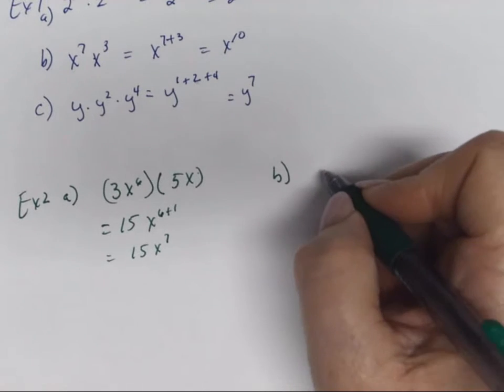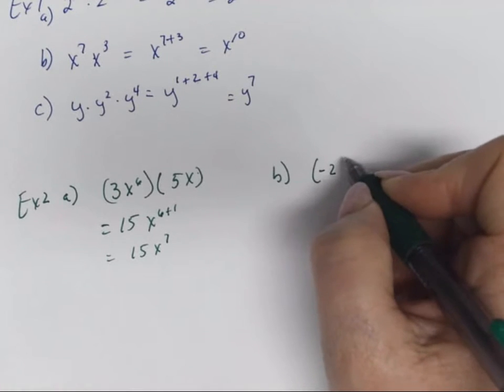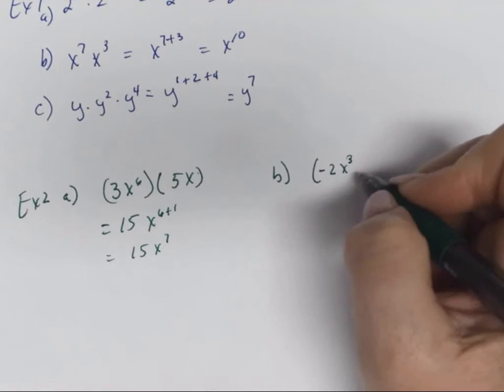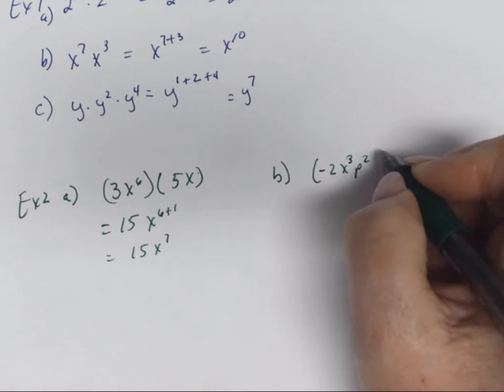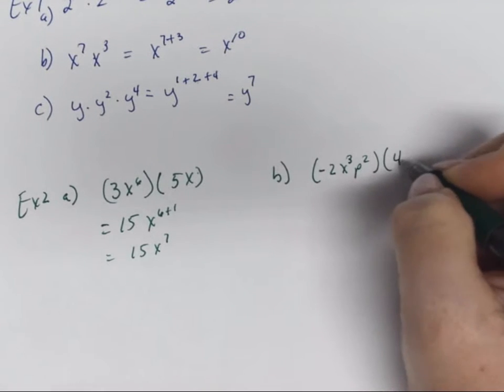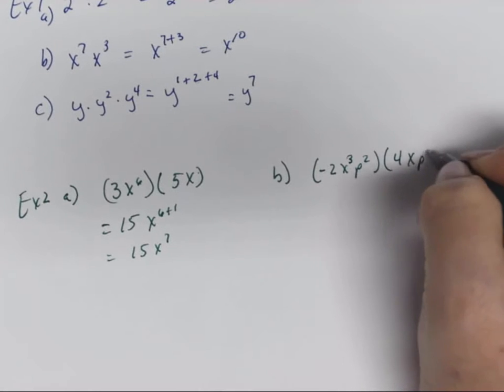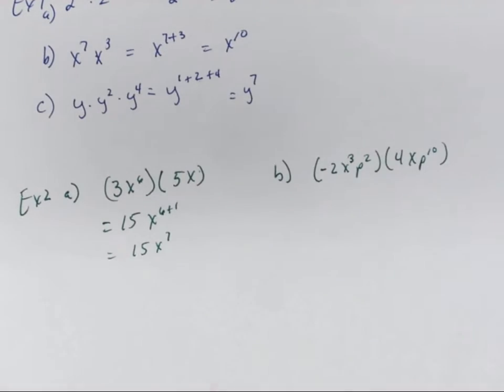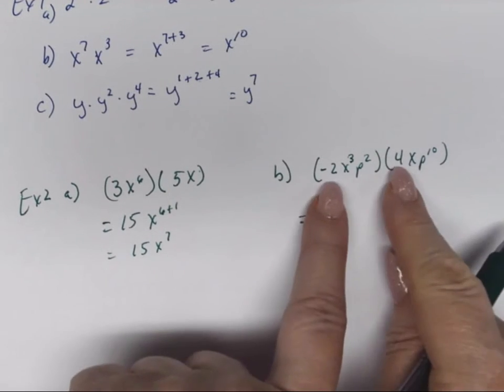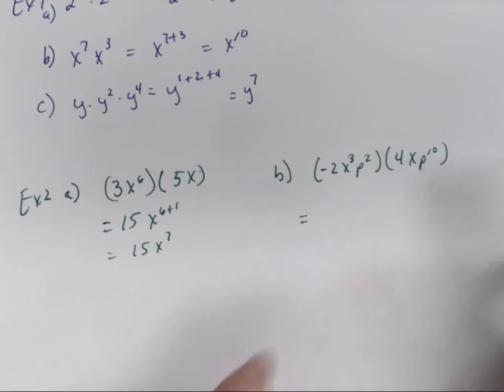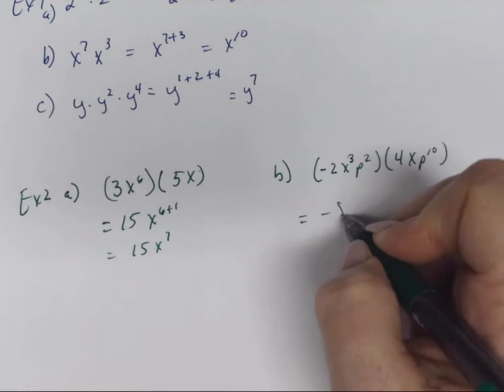If we have negative 2x to the 3rd p squared times 4x p to the 10. So again, we'll multiply the two numbers. Negative 2 times 4 will get us negative 8.